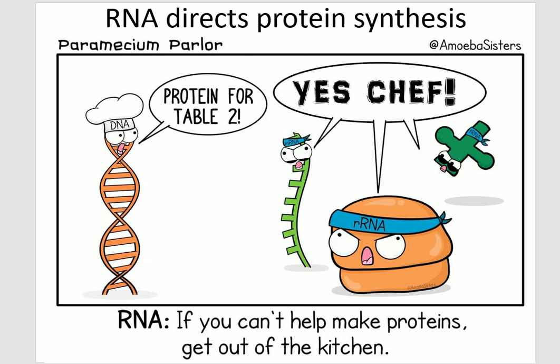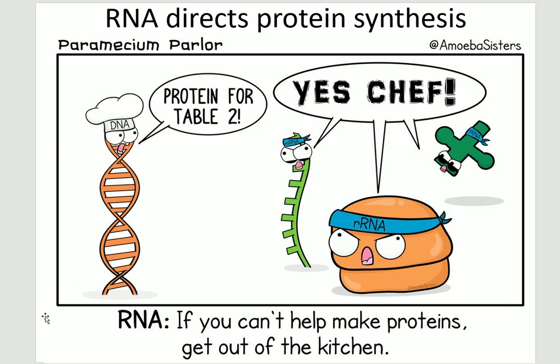So we take our DNA triplets and we make an mRNA with RNA base pairs, AU and CG. When we're talking three letters in DNA, we call it a DNA triplet. In mRNA, we call it a codon.